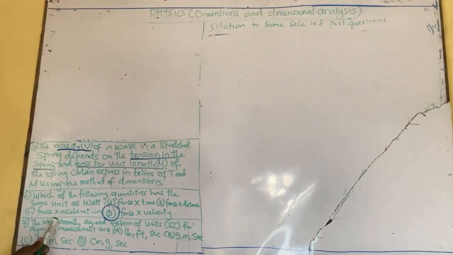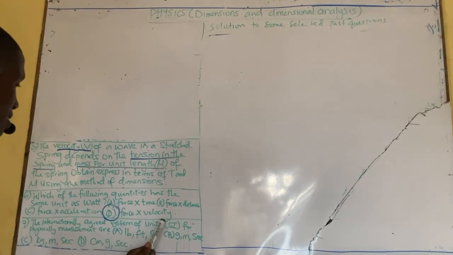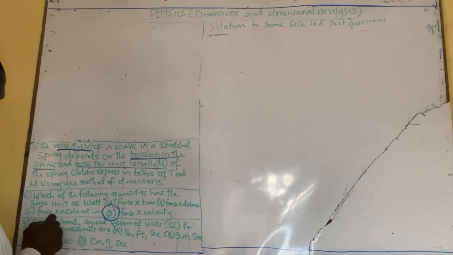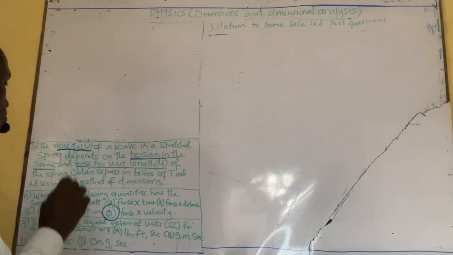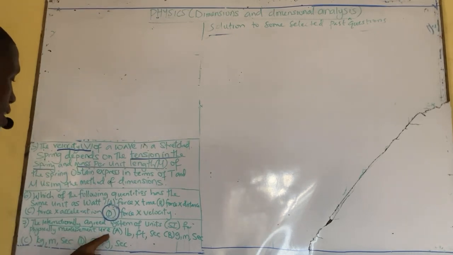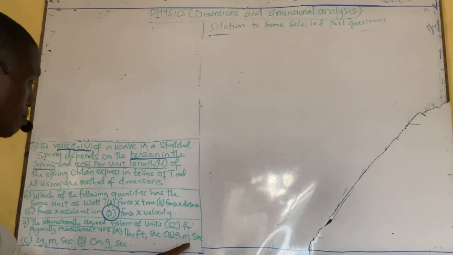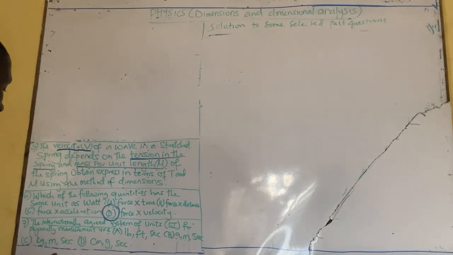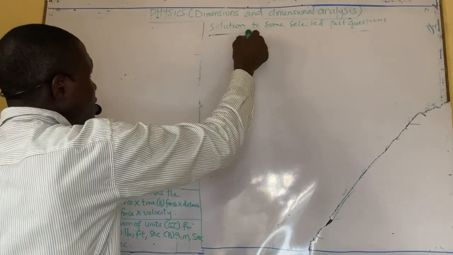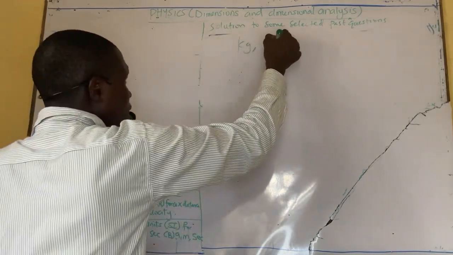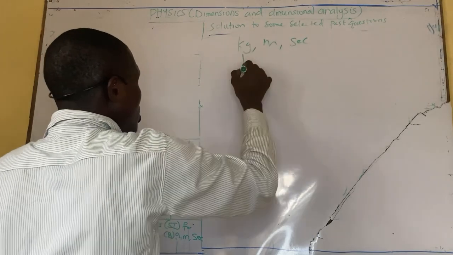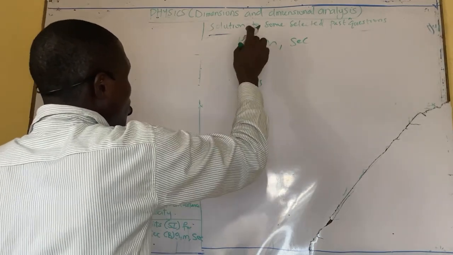Number 7 says the International System of Units (SI) for physical measurements are: pound, feet, seconds; gram, meter, seconds; kilogram, meter, second; centimeter, gram, seconds. You can see that kilogram, meter, second is the SI unit.